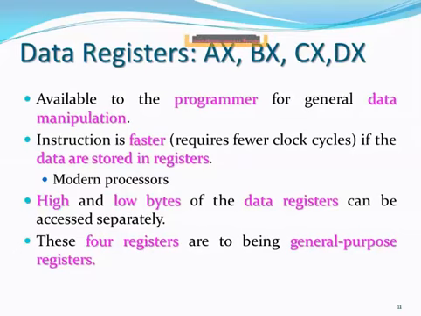And they are also saying that an instruction is faster if the data are stored in registers. So instructions are going to be processed so quickly. That's why it requires fewer clock cycles.